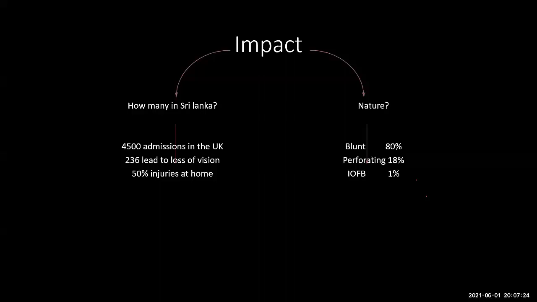There have been some studies done in several localities, but I don't really have the numbers at the moment to tell you. And in the UK, this amounts to about 4,500 admissions annually, and 236 led to complete loss of sight. And 50% of these injuries are actually home accidents.